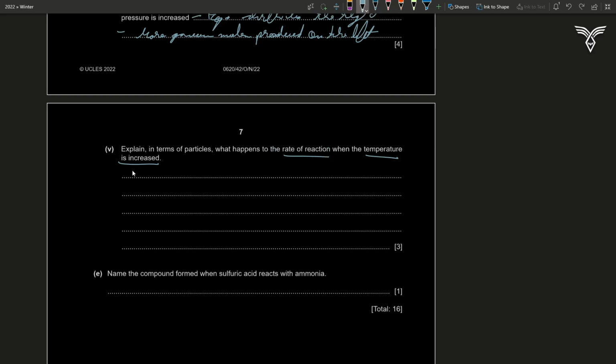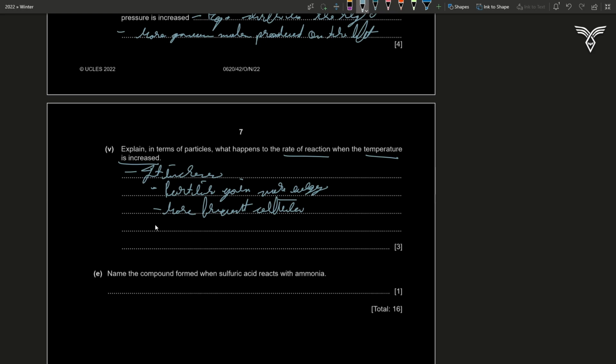What happens to the rate of reaction? It increases. ليه بقى؟ ليه بقى يا عم الحاج؟ أصلا مش هديك 3 درجات عشان تقول له it increases. Because particles gain more energy, more frequent collisions. صح تمام زي الفل.